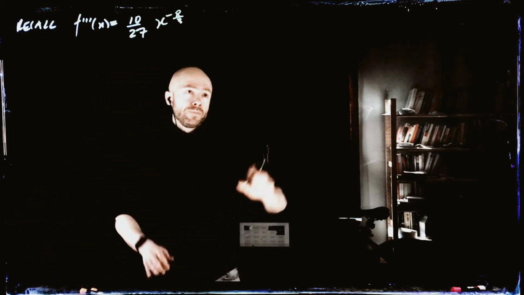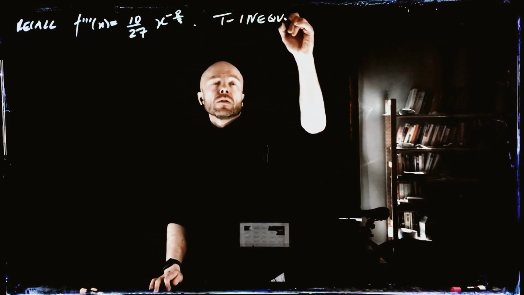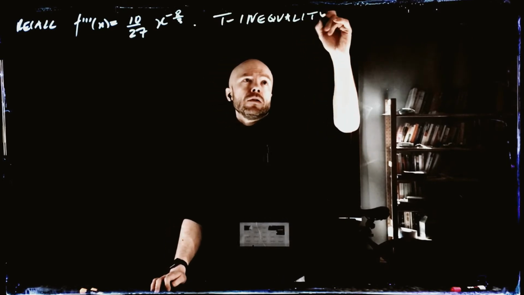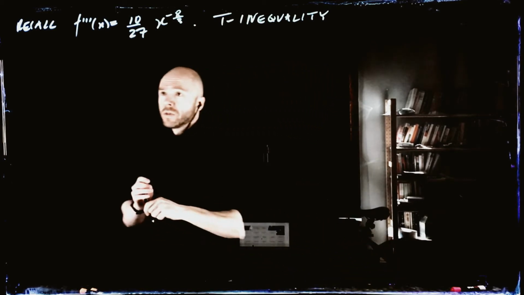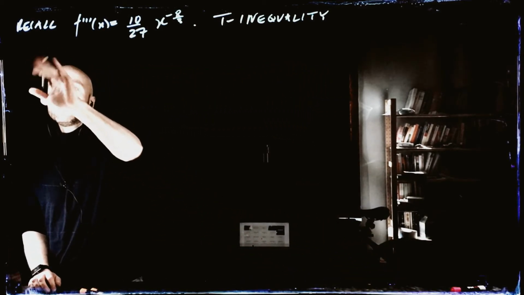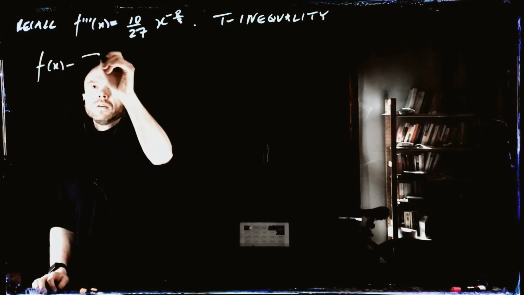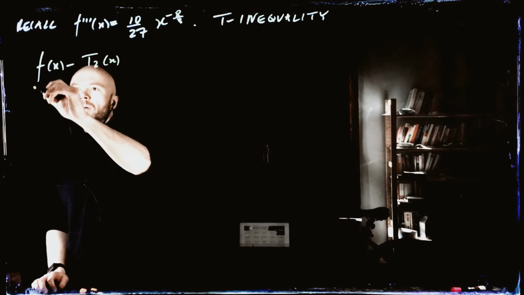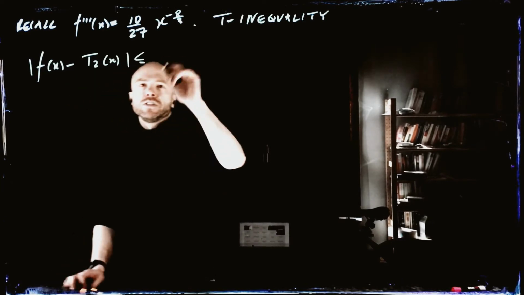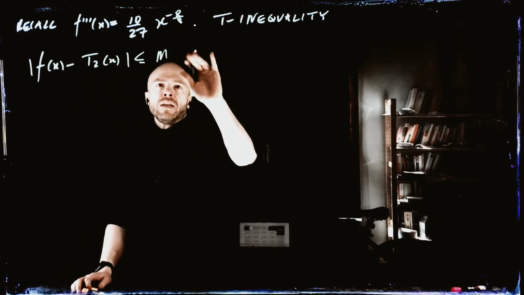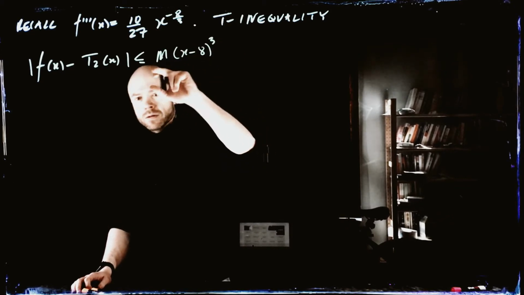So, Taylor's inequality tells us the following, that if we consider the actual function f of x minus the second Taylor polynomial, then the difference between this and the function itself is at most m, and then it's going to be x minus 8 to the 3, because it's the next term, right?